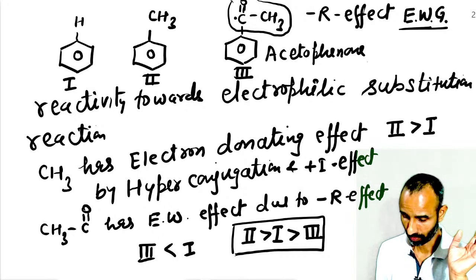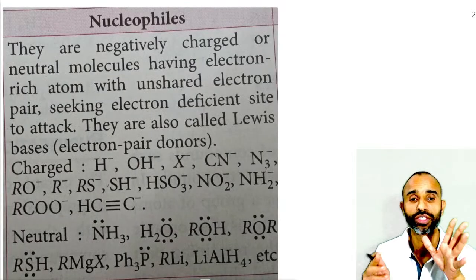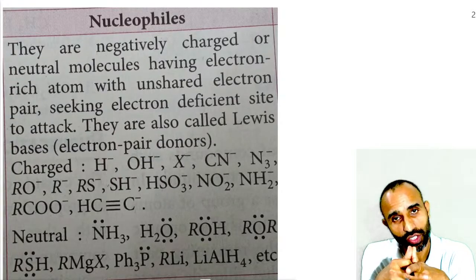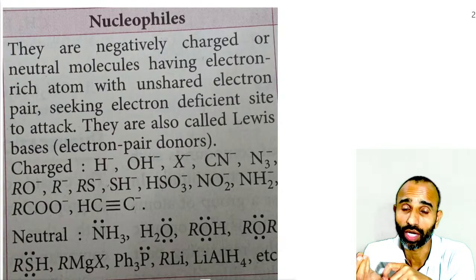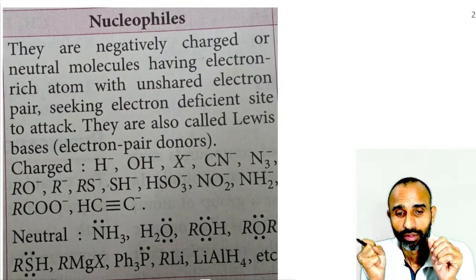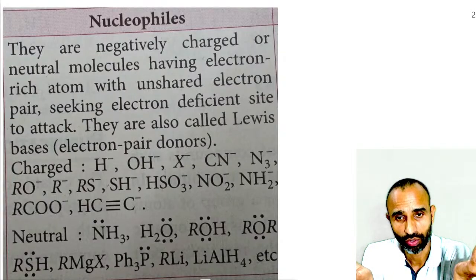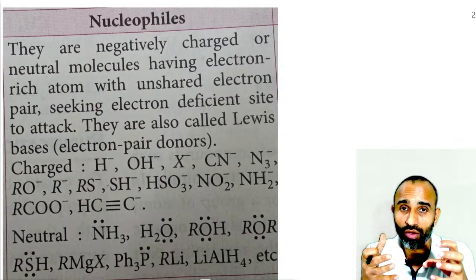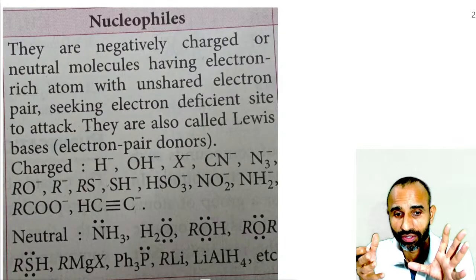Okay. Now next is nucleophiles. They are actually negatively charged, or if they are neutral, they should be electron rich. They should have an unpaired electron pair so that they can attack the electron deficient site.